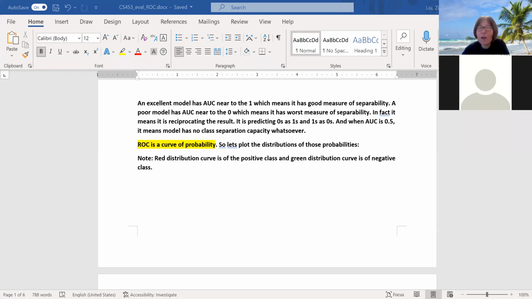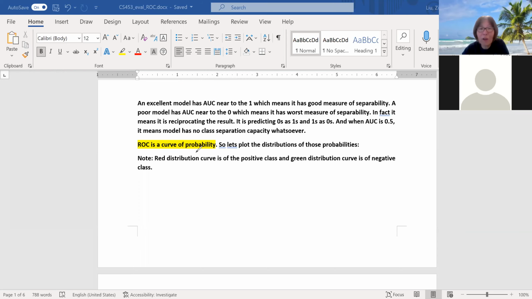Okay, so regarding that ROC, and AUC. AUC is regarding the area under the curve. And what is ROC? ROC basically reflects the curve of the probability.